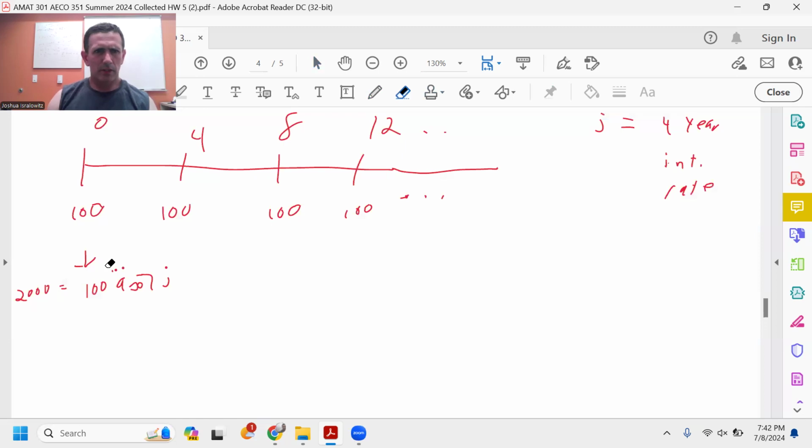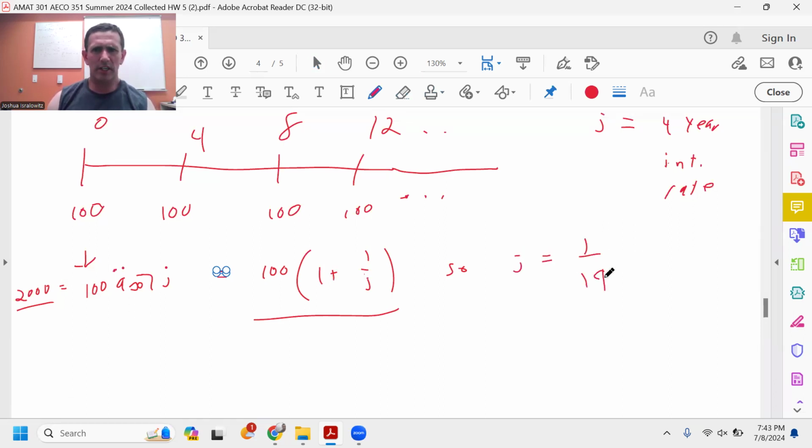So this is 100 times (1 plus 1 over J). Literally just solve this: 2,000 is 100 times (1 plus 1 over J). So J is 1 over 19, which is 0.052632.